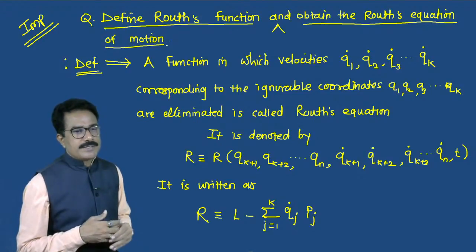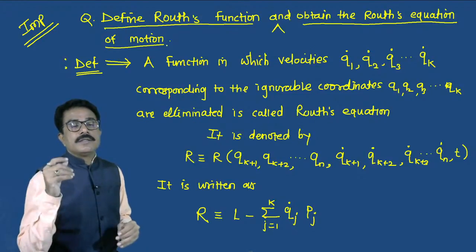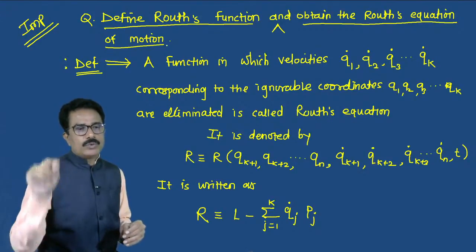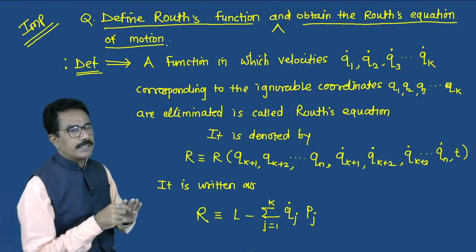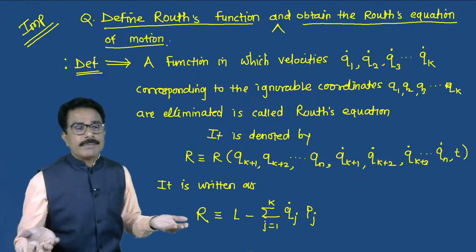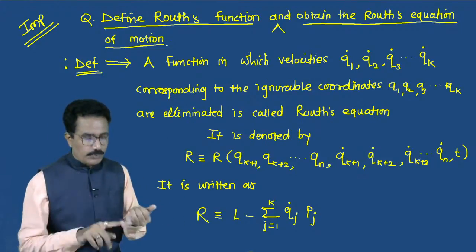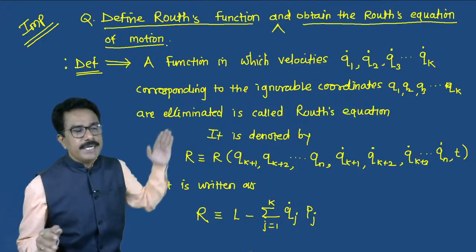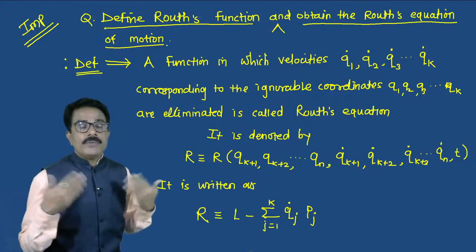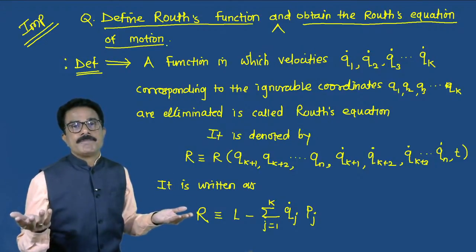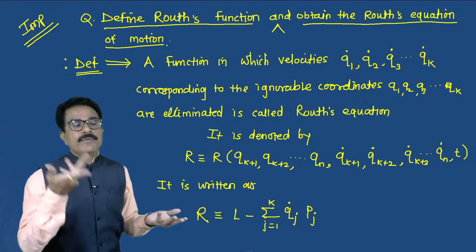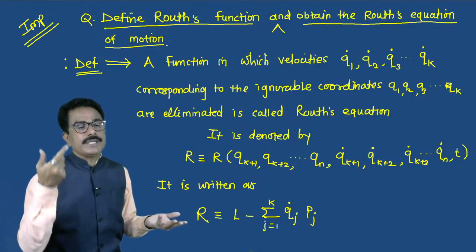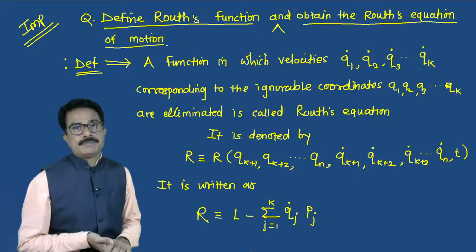The function in which velocities corresponding to the ignorable, cyclic coordinates q1, q2, q3, qk are eliminated from the Lagrange's equation, then we get another equation, that is the Routh equation, or it is called a Routh function.